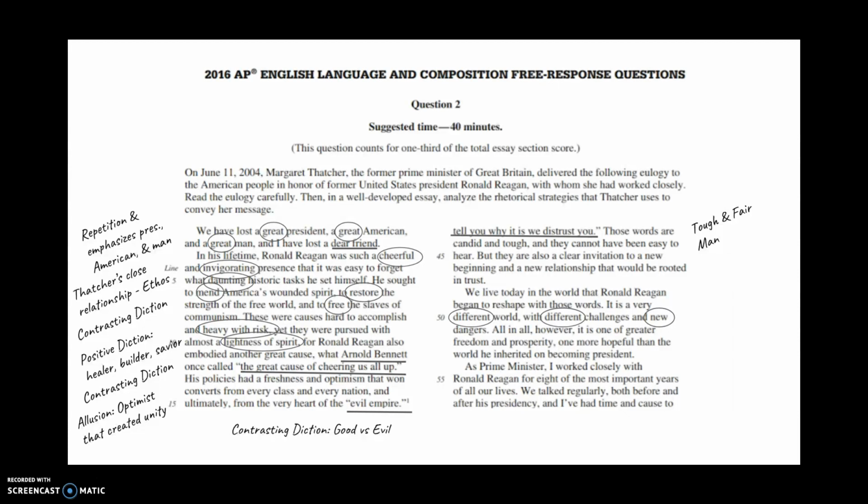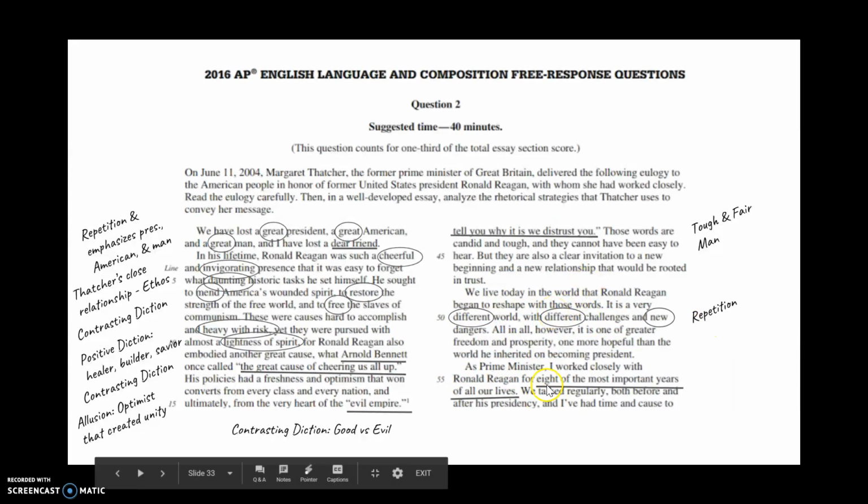He was quite fair to them, but he also wasn't a pushover, he wasn't going to let them walk over him, which shows that he's tough. And then when we see different, different, new, we see this repetition that essentially constructs the idea that we live in a different world with new dangers, but that this world that we have was shaped by Ronald Reagan.